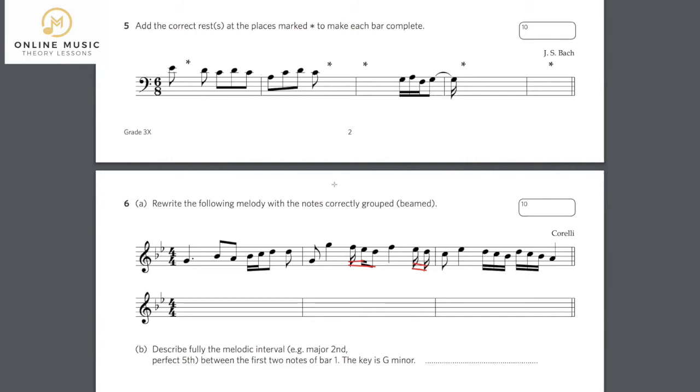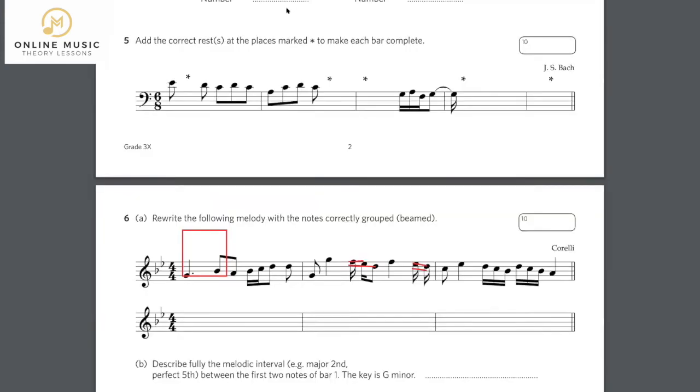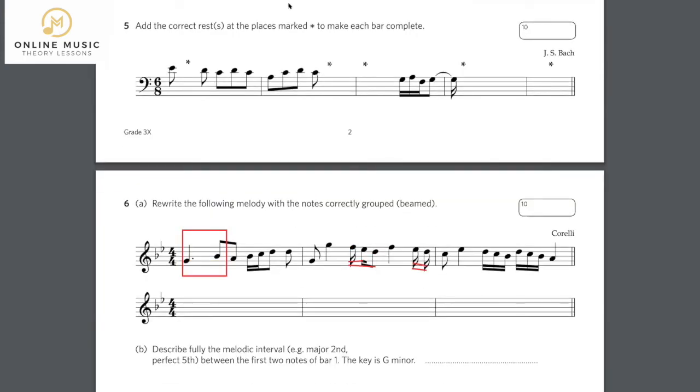The key is G minor, not E flat major, but G minor. It's a relative. So the first two notes are these two. That is a third, so that is going to be a minor third.